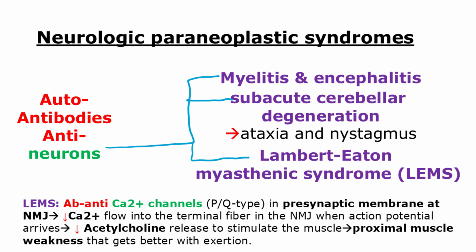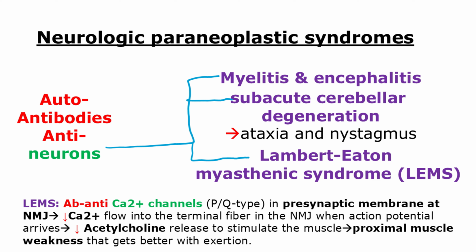These anti-neuronal autoantibodies can lead to several neurological issues such as paraneoplastic myelitis, encephalitis, subacute cerebellar degeneration, and Lambert-Eaton myasthenic syndrome.